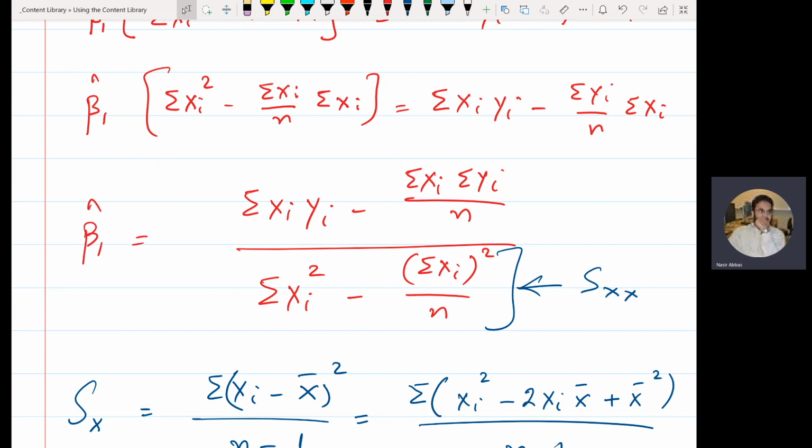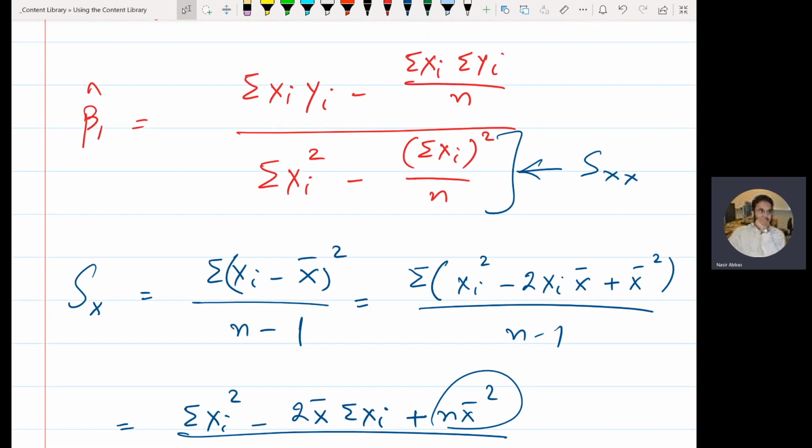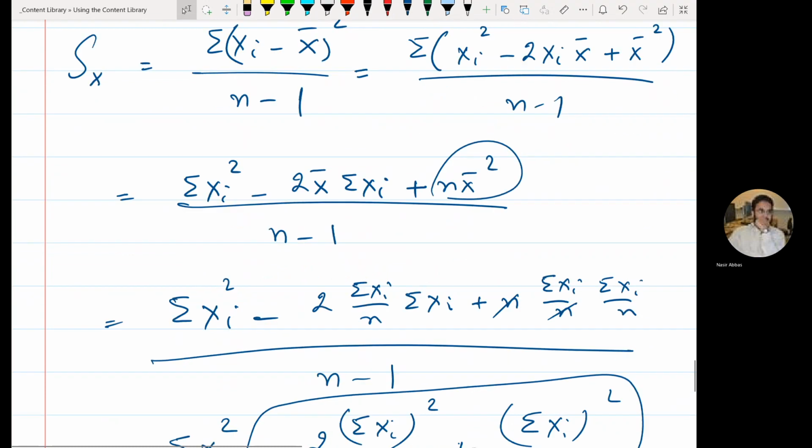So your variance is basically sxx divided by a constant, which is sometimes n minus 1, depending upon which variance formula you are using. So it's not exactly the variance, but it's basically the numerator of the variance. And similarly, this is the numerator of covariance.